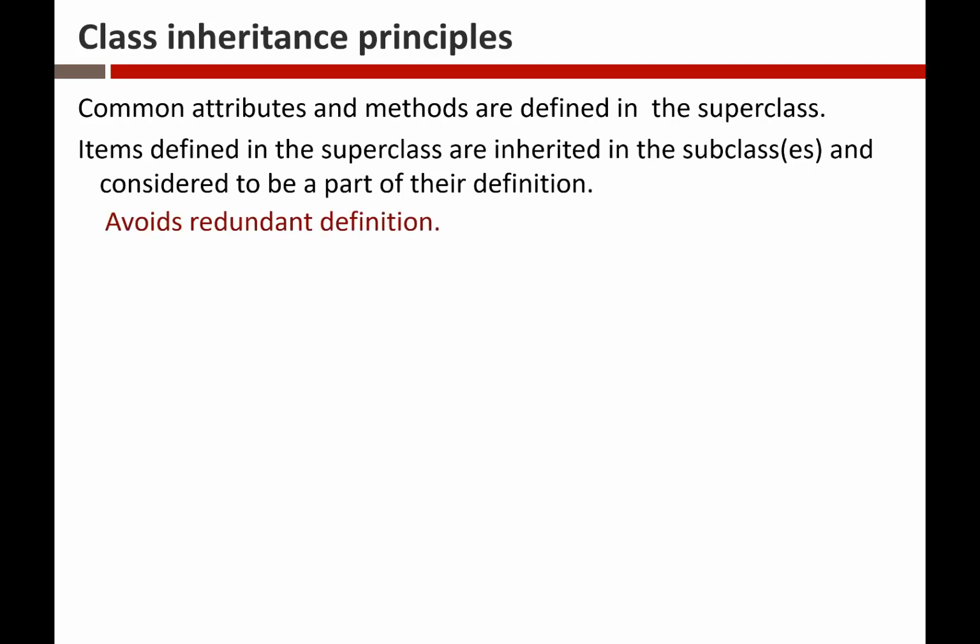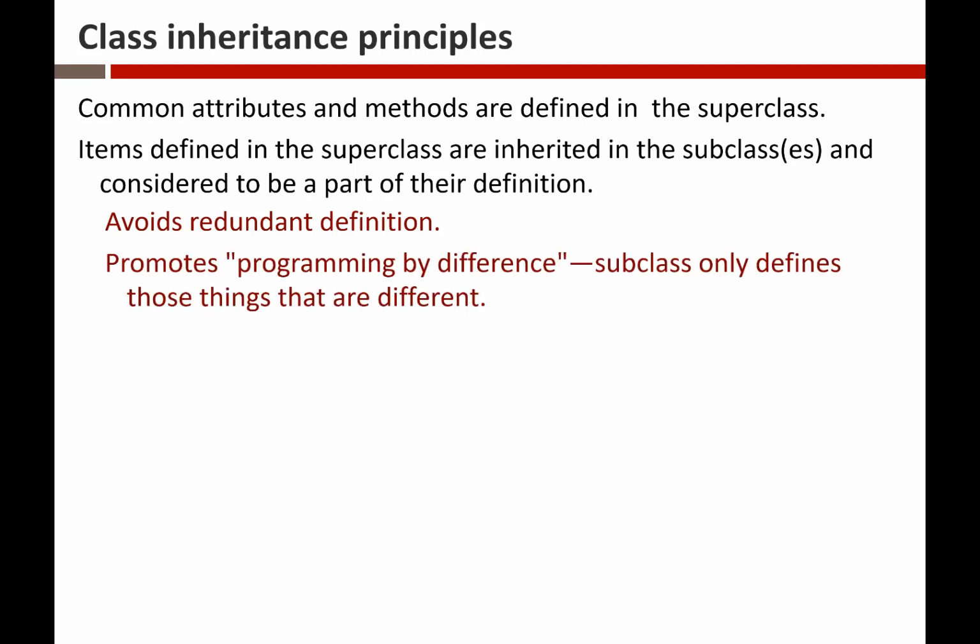And so what this does is this avoids redundant definitions. This allows me to create classes which are similar to one another, but different in their own distinct ways, without having to rewrite a lot of the same code over and over and over again.